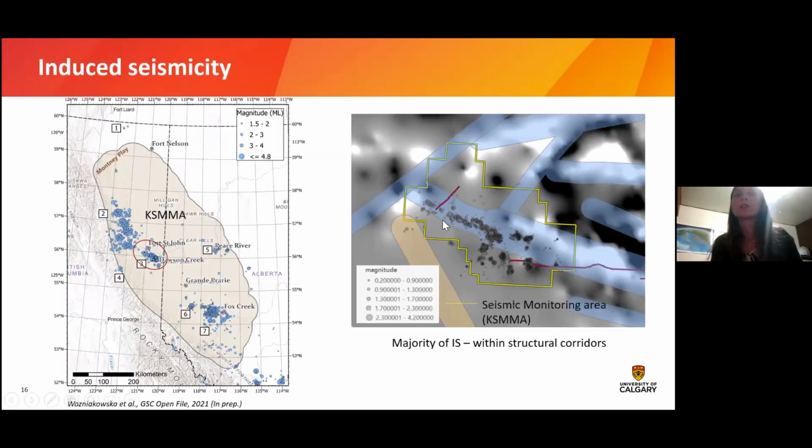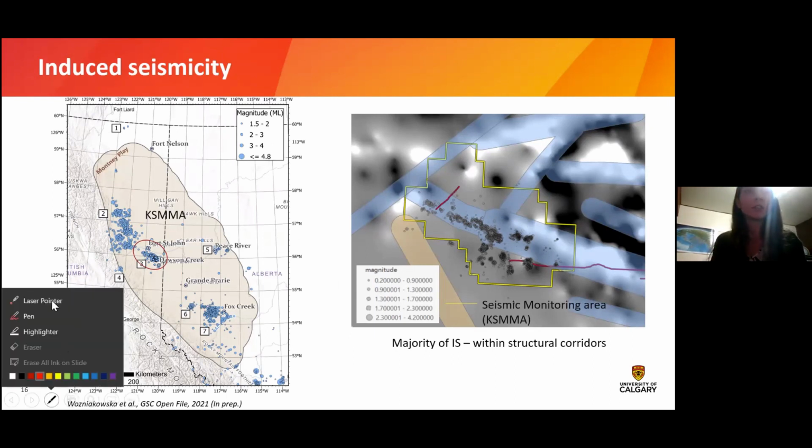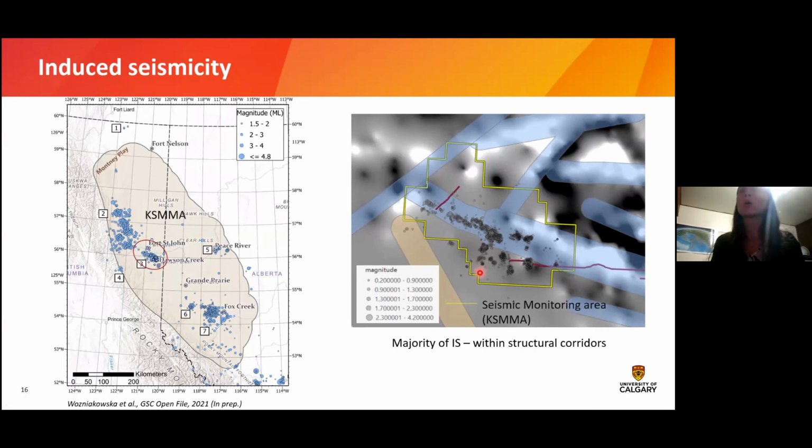Okay, so those gray events correspond to this induced seismicity, and we have those seismic lines, and we can see that most of the induced seismicity is confined within the structural corridors that we outlined. We have some seismic clusters that are outside, and we are interpreting those as potentially either that we simply don't have data for structural interpretation in that part, or that those are strike slip structures that are not visible because they don't have vertical displacement.